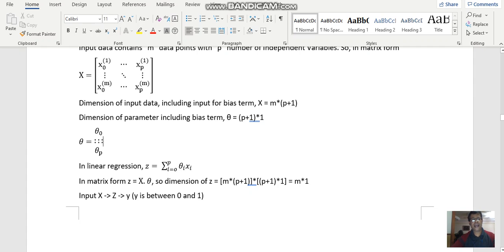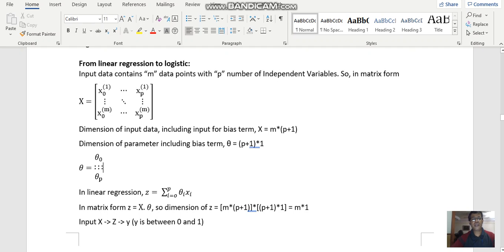Next, as we have p plus 1 independent variables now, including the bias term, the parameters we have to estimate for the predictive model will be p plus 1 parameters. Each independent variable has to have an estimated parameter.